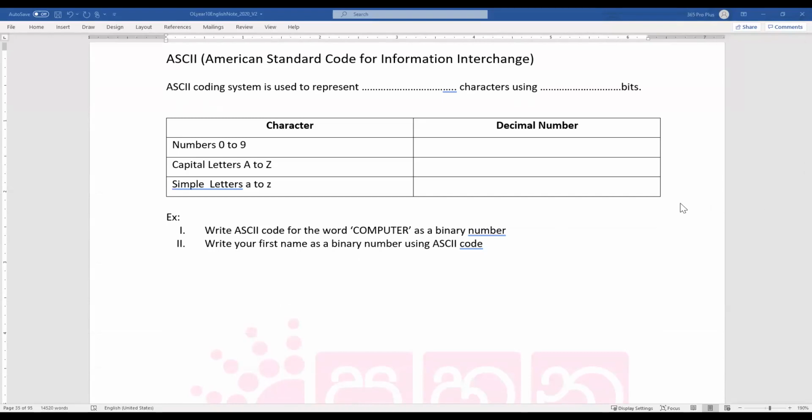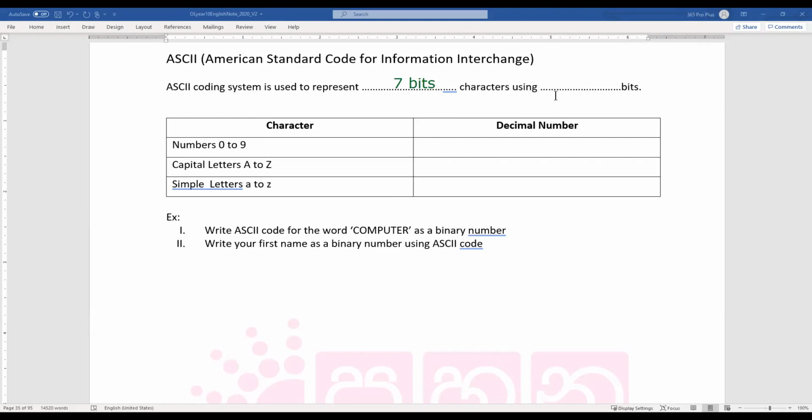There are many ways to represent this, and people came up with different codings, and one of the extensively used ones is called American Standard Code for Information Interchange. In short, we will say ASCII. ASCII uses 7 bits. Each character is represented using 7 bits.